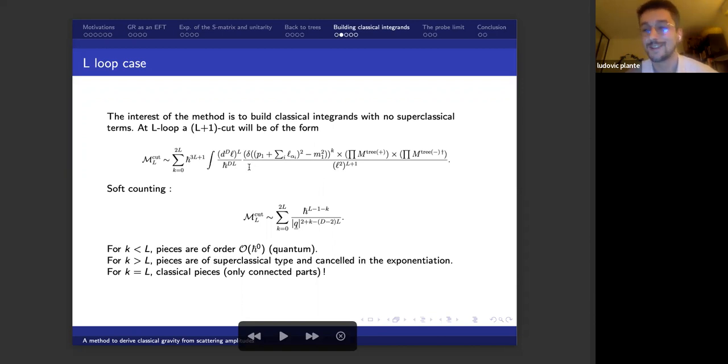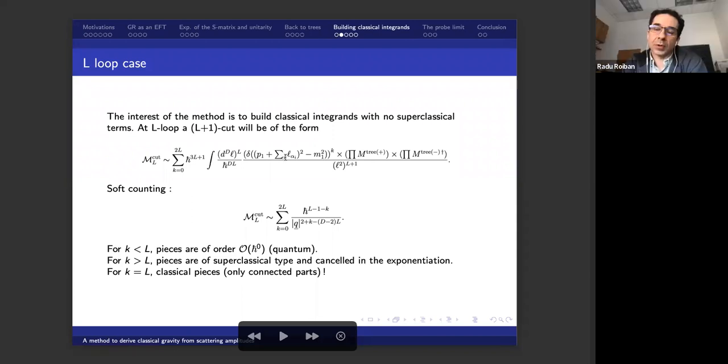Maybe we don't have a general theorem that it works at all loop orders, but for the moment it works up to 2 loops. So we'll see. We don't have a general theorem that says that it will work, but I think it will.